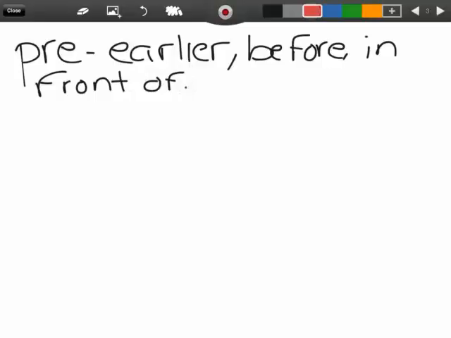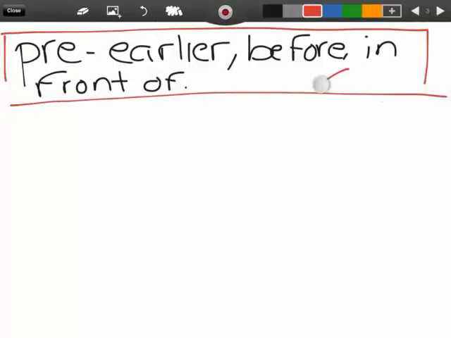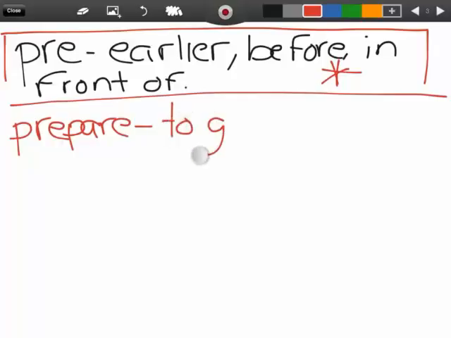I'm going to put this in a box and put a star next to it because it is a very commonly used root, one of the backbones of the English language. I'm going to give you two examples. One of them is prepare, and prepare means to get ready in advance.